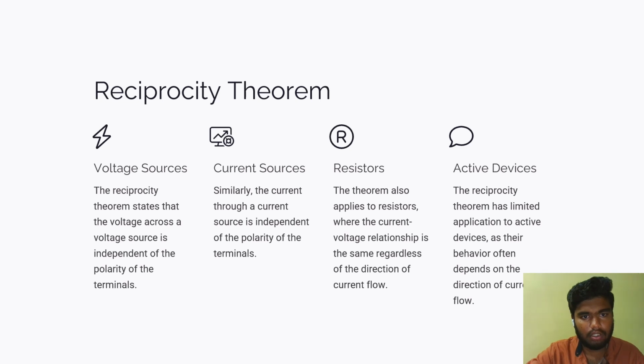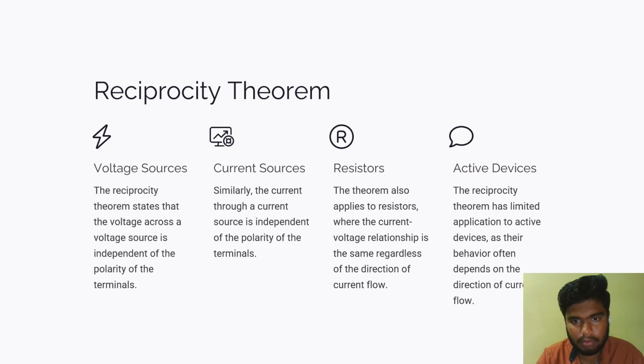Next, coming to the reciprocity theorem. For voltage sources, the reciprocity theorem states that the voltage across a voltage source is independent of the polarity of the terminals. Coming to current sources, similarly, the current through a current source is independent of the polarity of the terminals.